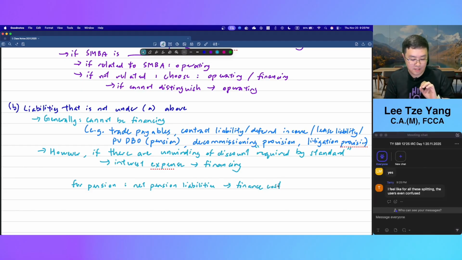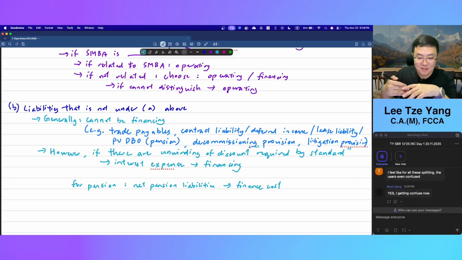It's actually confusing for us, but for the user, I think it's better. The IASB needs to consider that all this while users used to know unwinding of discount under finance costs. If suddenly you put it under operating, then they're confused. So that's why they have to do this. Net pension liability goes under finance costs.